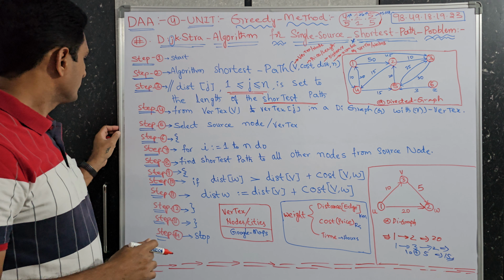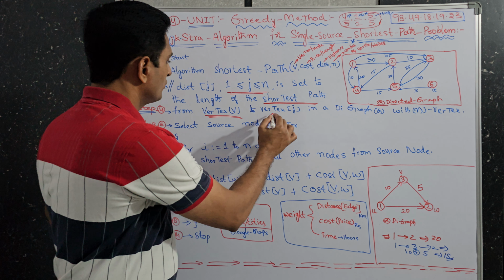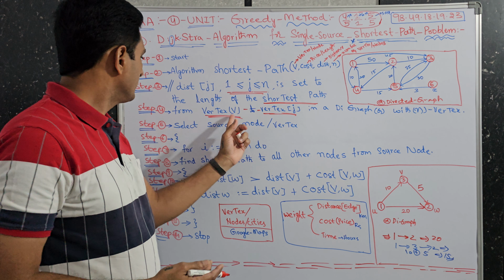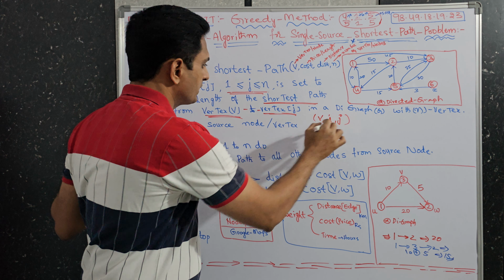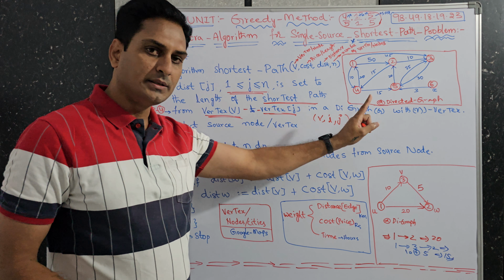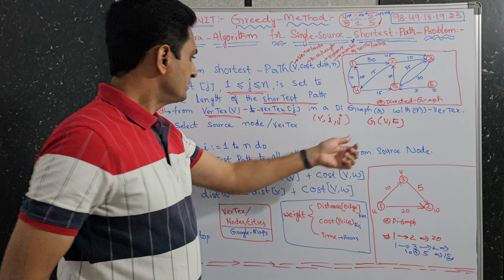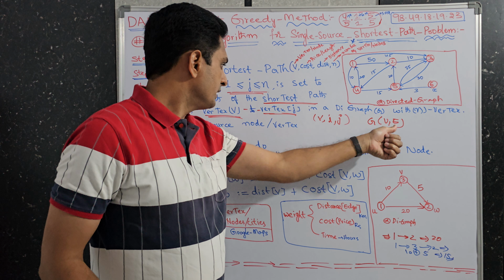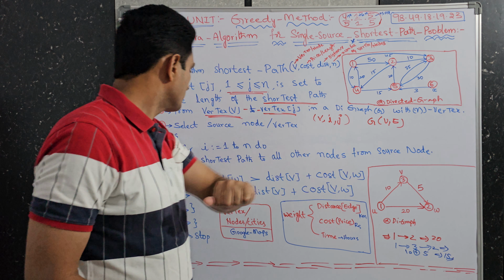Step 4, from vertex v to vertex j, any other vertex. Here v, i, j are example variables for vertices in a graph G. G is a graph, a directed graph, G equals V comma E, a digraph. V means vertices, E means edges. N means the number of vertices, with n vertices.